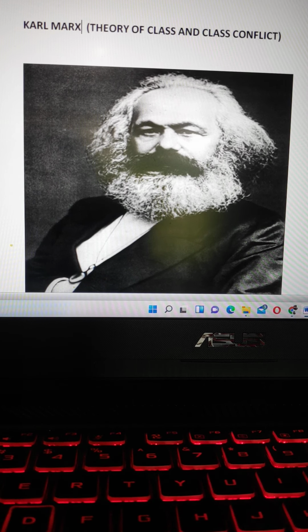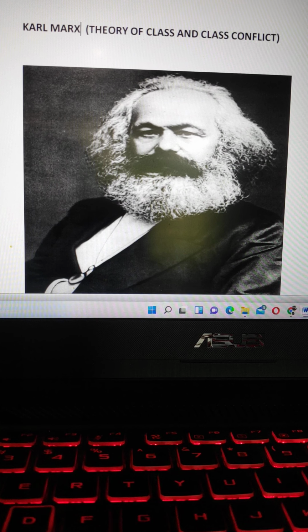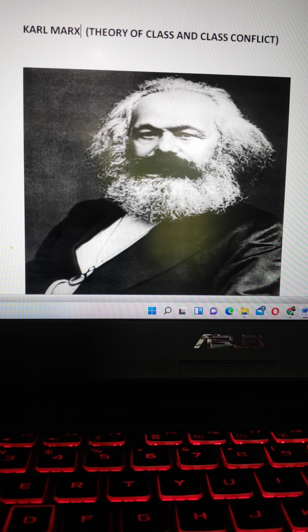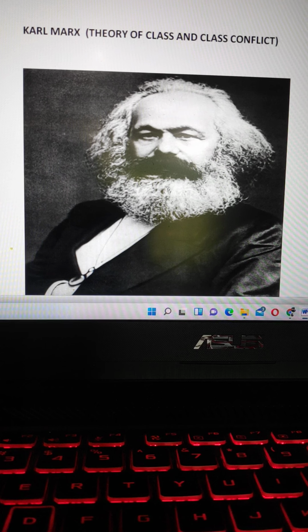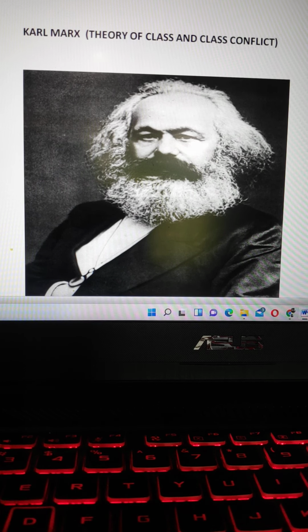The capitalists accumulate profit through exploitation of labor. The value of any commodity is determined by the amount of labor it takes to produce it. The labor time necessary for the worker to produce a value equal to what he receives in the form of wages. Sixth one, pauperization.